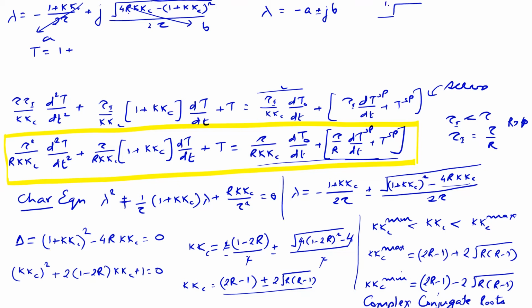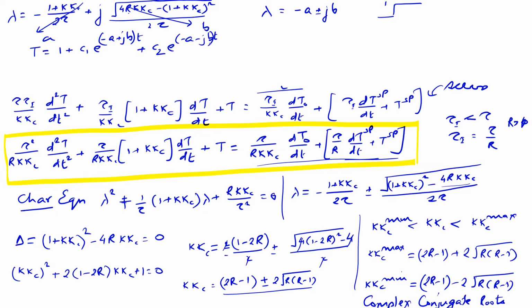So T is going to be, for a step, 1 plus C1 times e to the power minus a plus jb times t plus C2 times e to the power minus a minus jb times t.